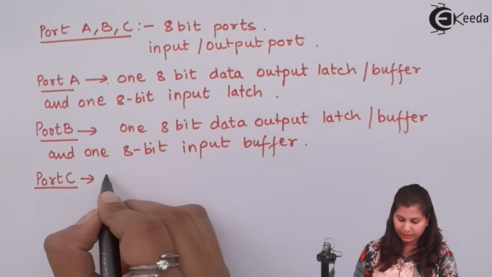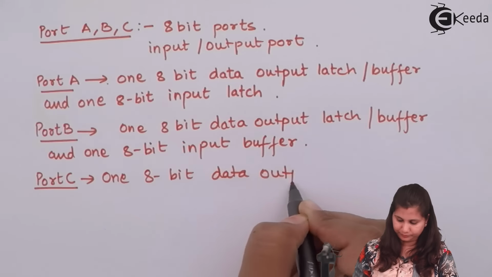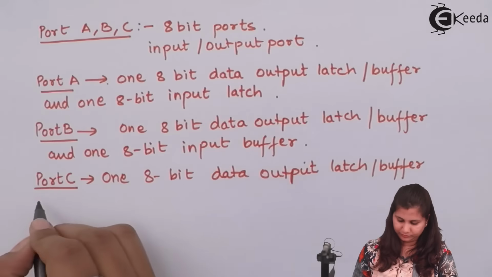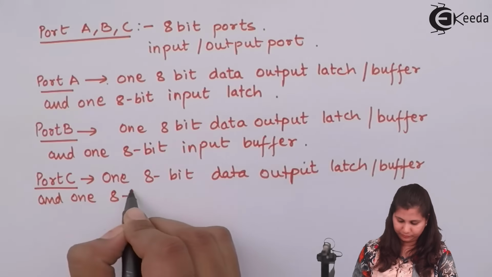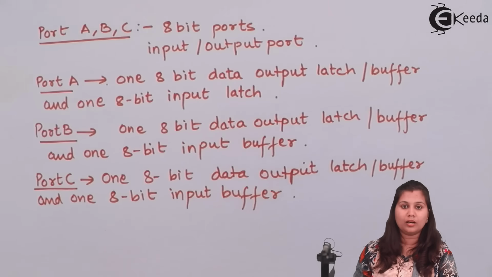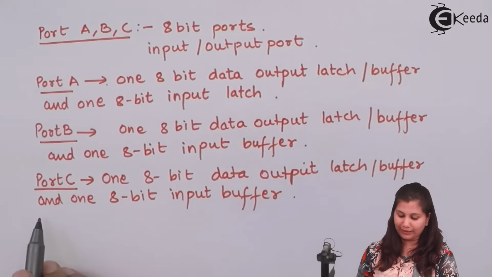Similarly, we have port C. Port C also has one 8-bit data output latch and buffer and one 8-bit input buffer.